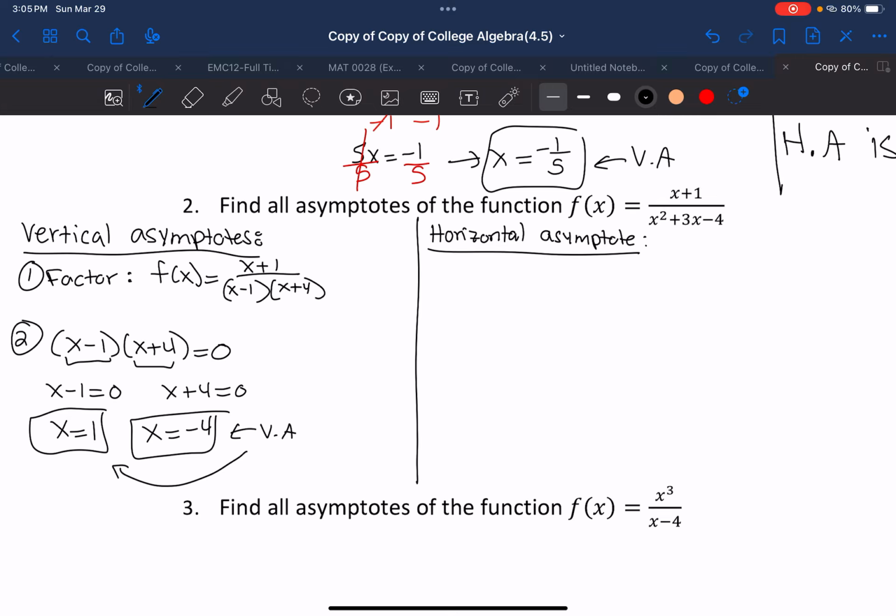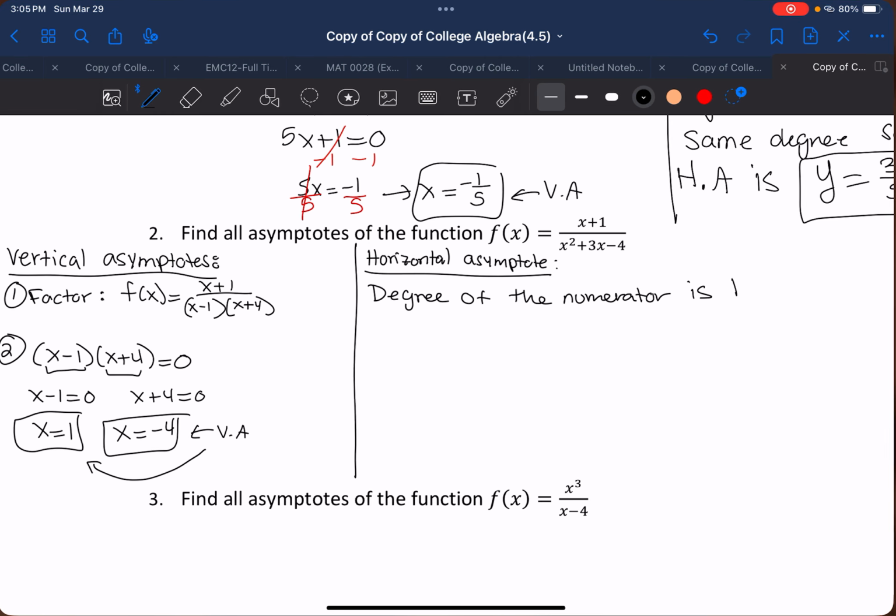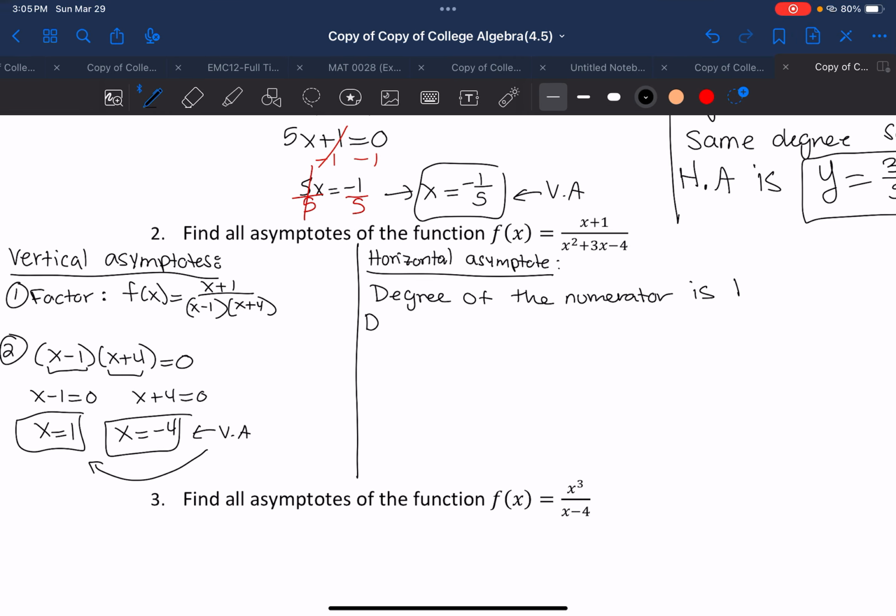And then for the horizontal asymptote, the degree of the numerator is 1. And the degree of the denominator is 2.